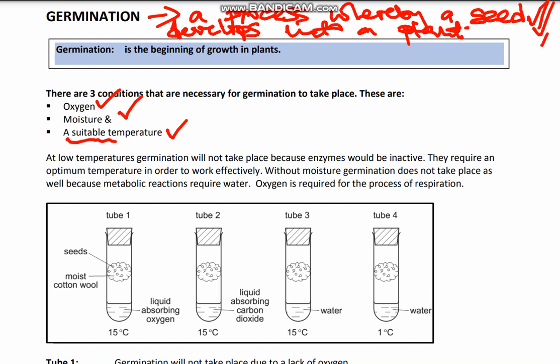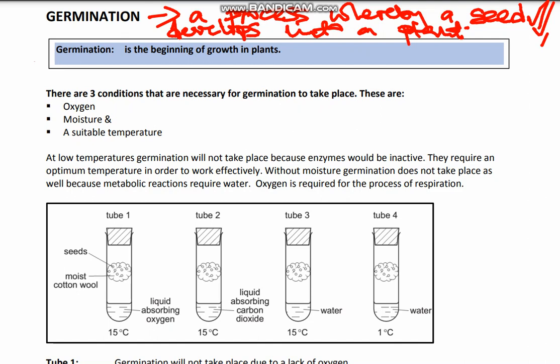It gives you a lot of questions in your head right now. Why do we need the oxygen? Do these seeds respire? Does respiration take place in seeds? We are going to talk about that very soon. So let me show you the functions or the significance of these conditions in the process of germination.